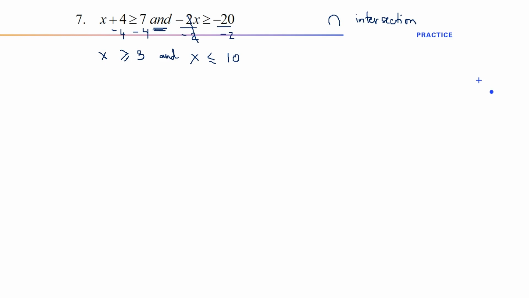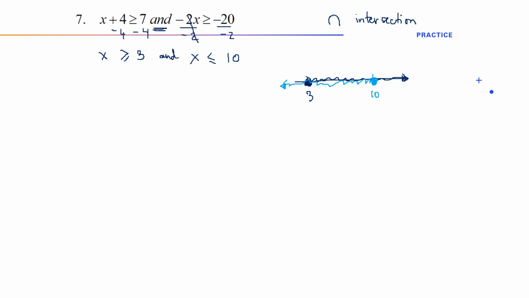Alright, so we draw it on the line so that it's easy to see. We have 3 that includes, a closed point, and x greater than or equal to 3. Now we use 10, that's the closed 10, and x less than or equal to 10.